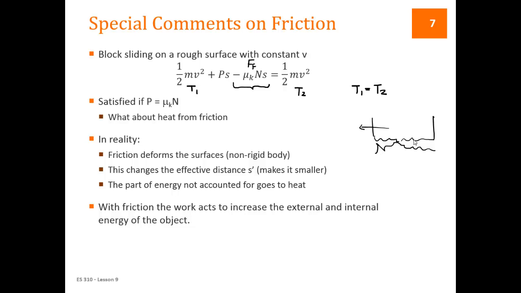So those bumps are deforming, which means that the effective distance that this moves is smaller than the distance S that we physically would measure it moving. The difference between those goes to heat.